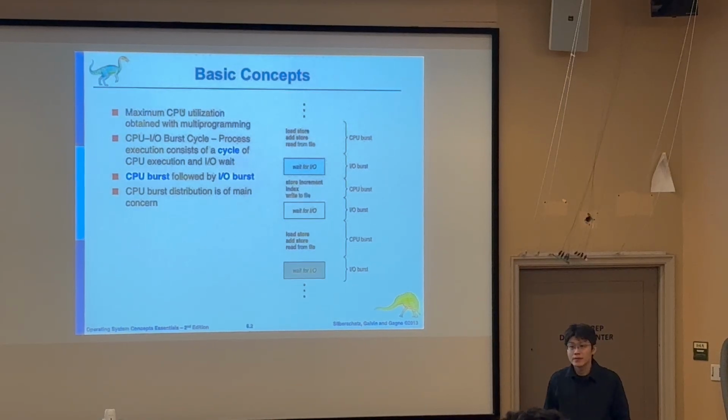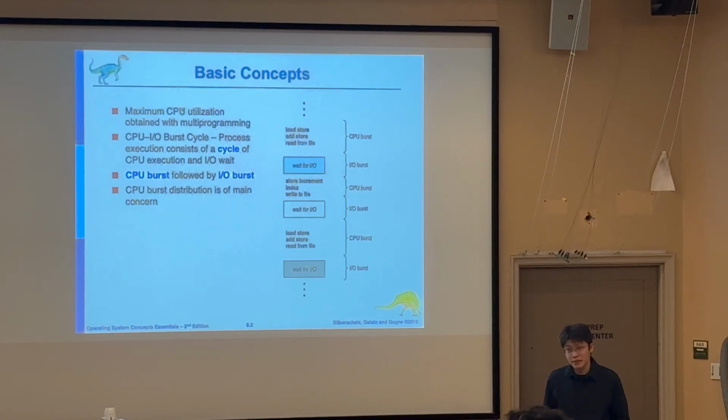Yes? If both of them are only doing computation, is there even benefit? Yes, we are switching between them. Is there even benefit? What was one possible CPU at a time?